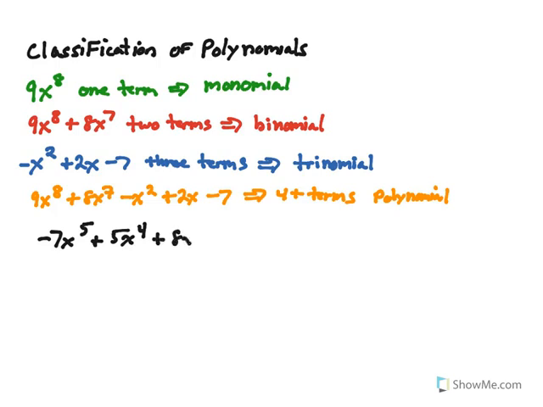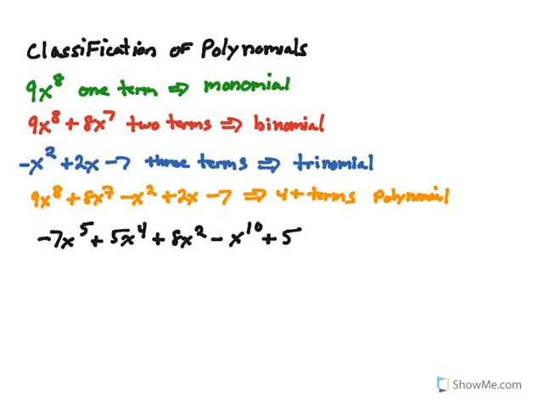Plus 8x squared, okay, minus x to the 10th power plus 5. And you look at that, that is a multi-term polynomial, right? The degree will be 10 because 10 is the highest exponent.